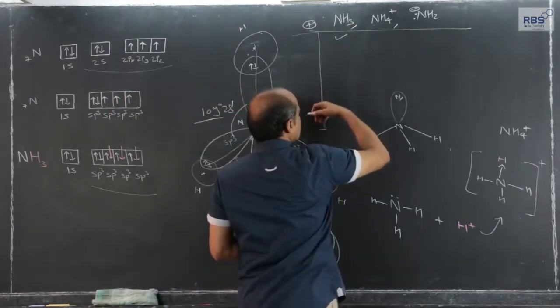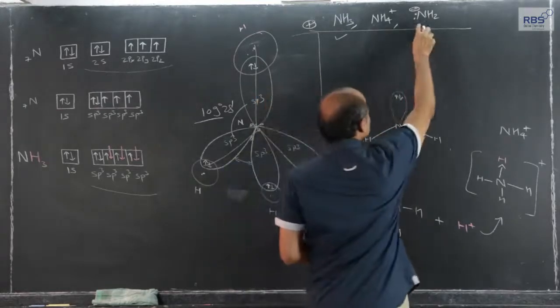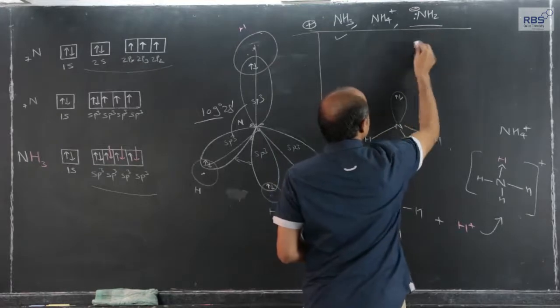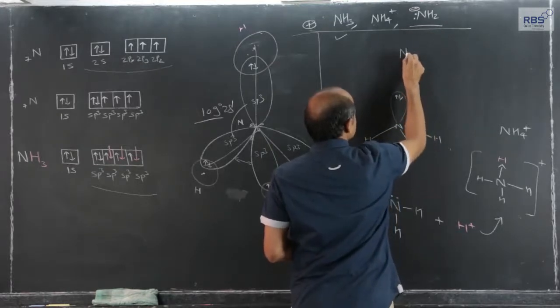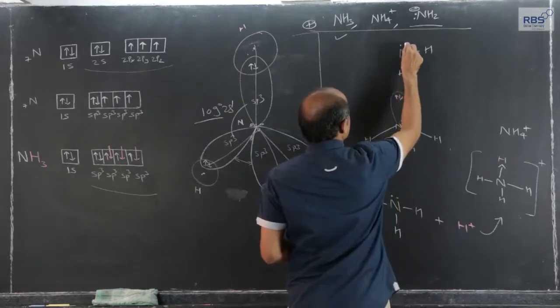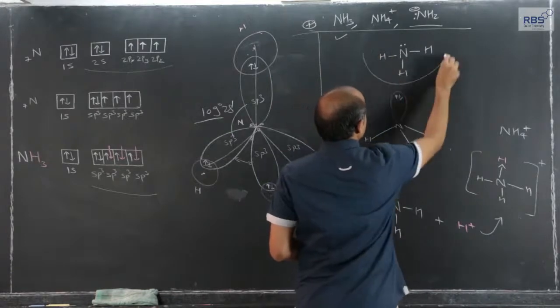Ammonia we had earlier also considered. NH4 plus ion I have just explained. NH2 minus ion, normally written in this fashion, is the amide ion. Actually, ammonia has one lone pair of electrons on nitrogen.